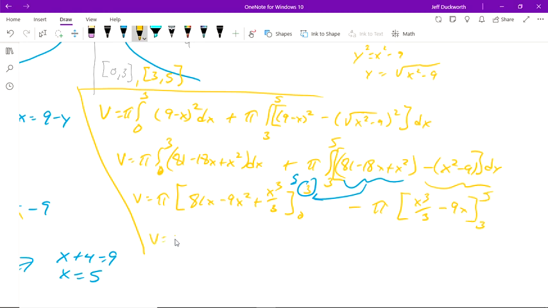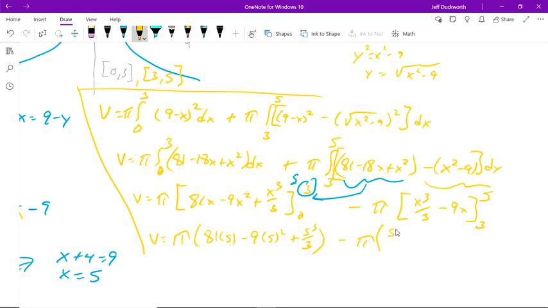All right, let's see. Plugging in 0 kills this whole left side, so we're just going to plug in the 5. And we need both a 5 and a 3 here.